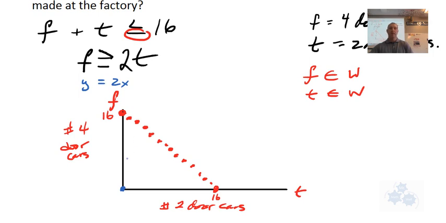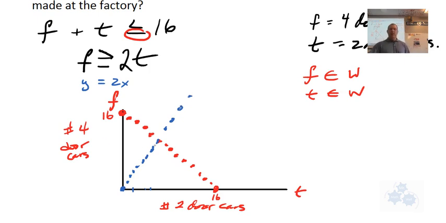Yep. Okay, if we have x of 2, then what is y? 4. If we have x of 4, y is going to be 8, and so on. So we basically have this line here with a slope of 2.